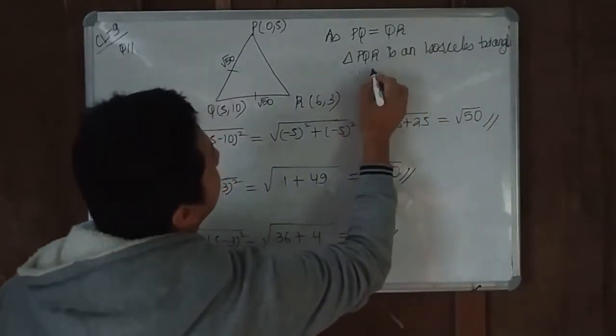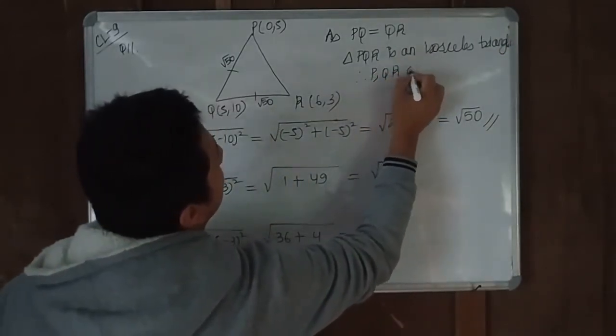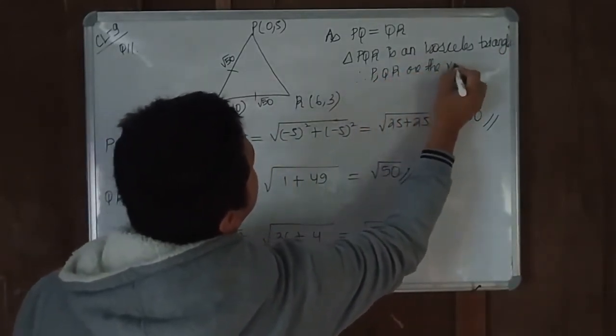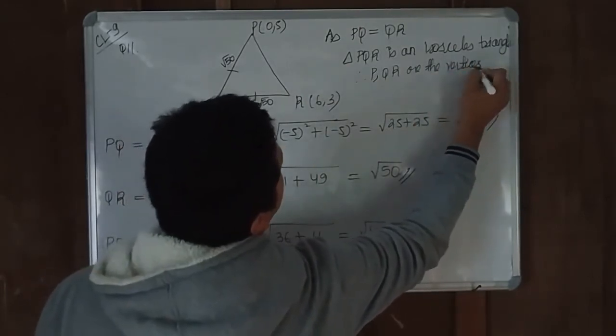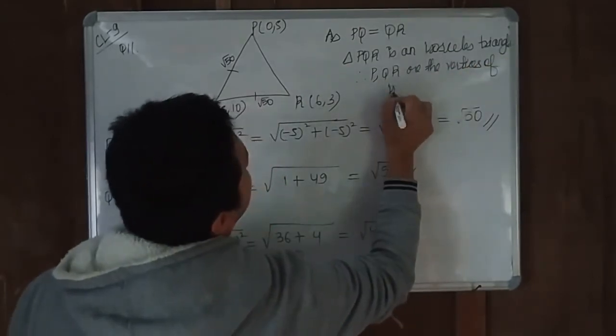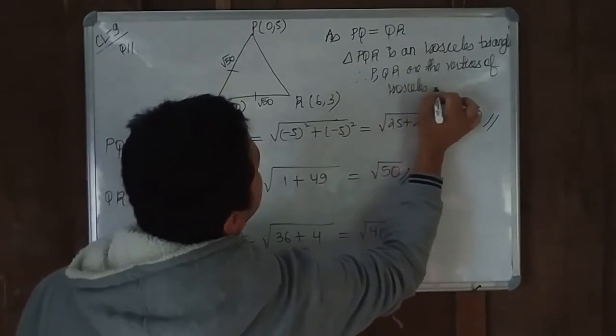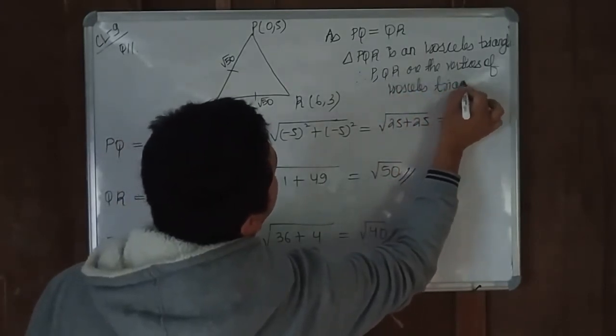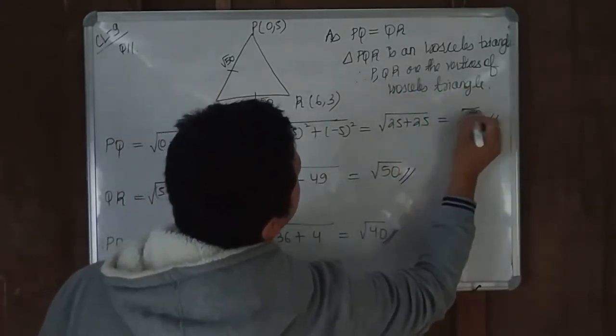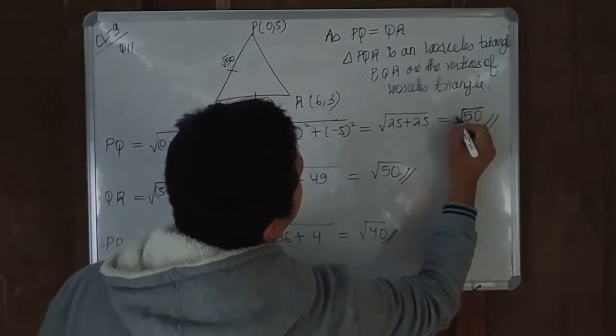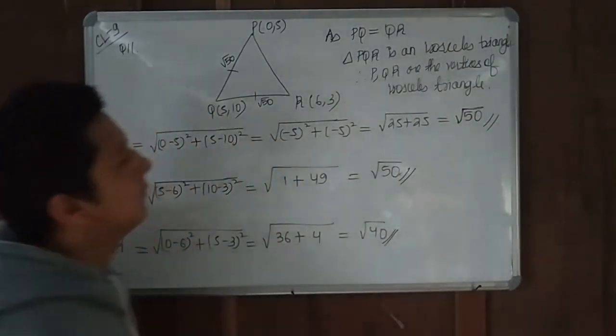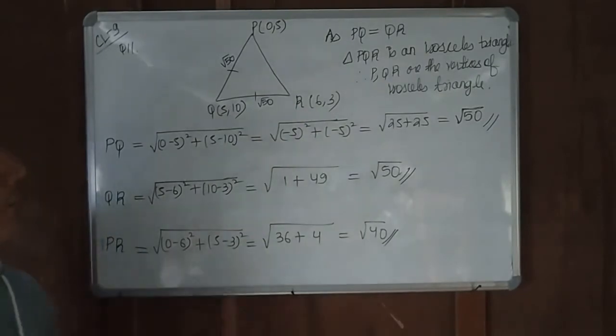Therefore PQR are the vertices of an isosceles triangle. Okay boys, in this way we will have to express our answer. So please pause the video and note it down.